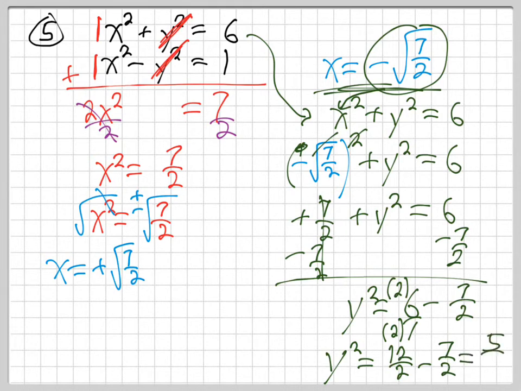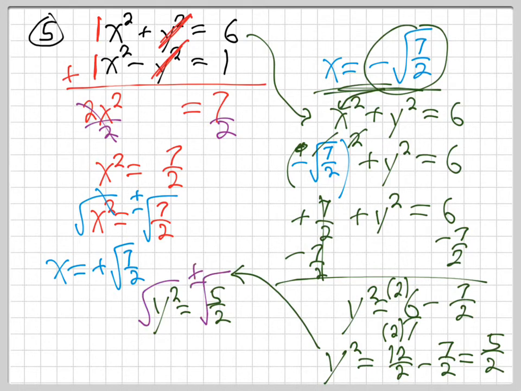So that subtracts to be 5 halves. So y squared is 5 halves. And so that means, what does that mean? Let me bring it over here for a minute. Y squared is 5 halves. So let's square root, plus or minus, right?